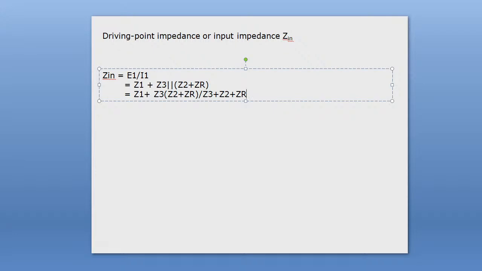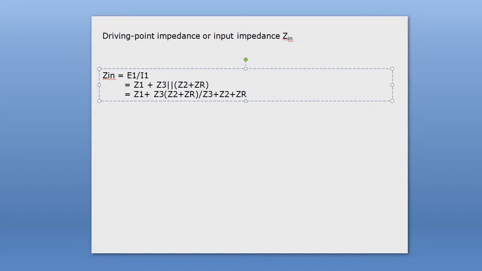This is the expression of driving point impedance. You see, the input impedance for this circuit is the ratio of supply voltage E1 and the current flowing through mesh or loop 1, the I1 current. So we can write input impedance or driving point impedance equal to E1 by I1.